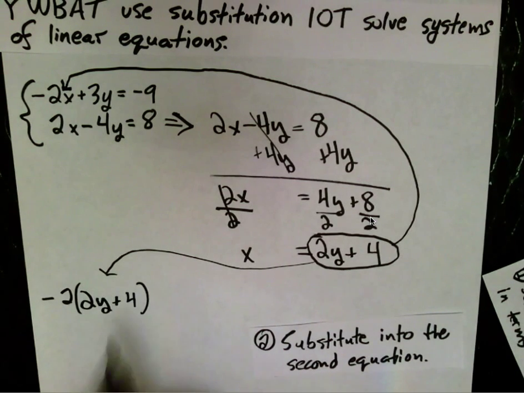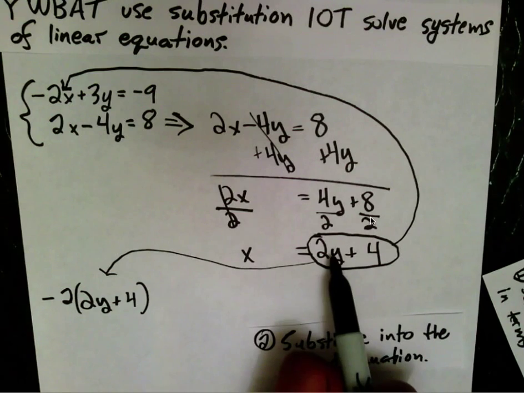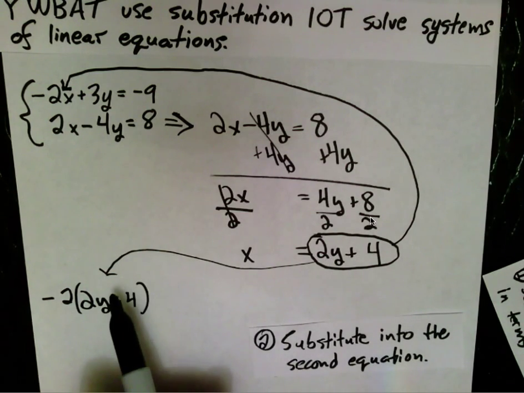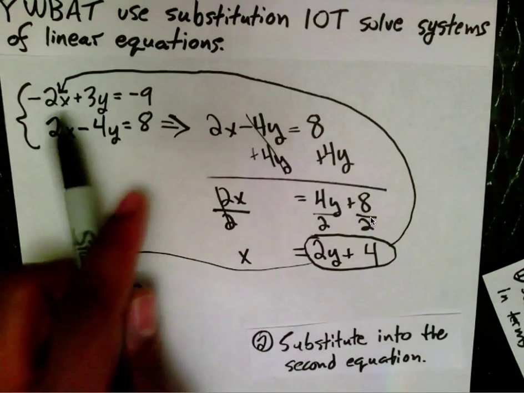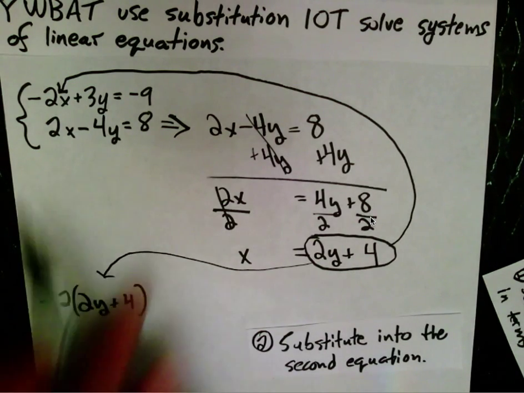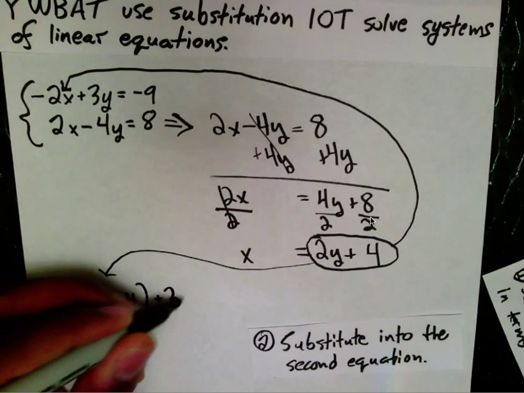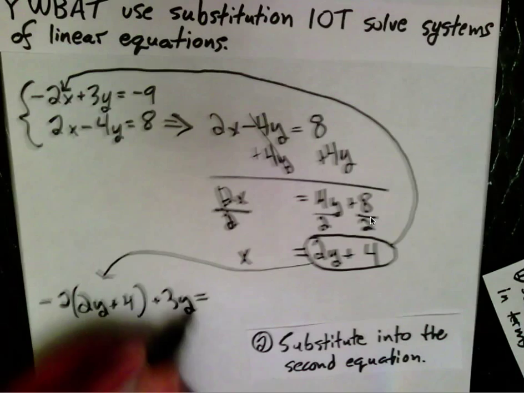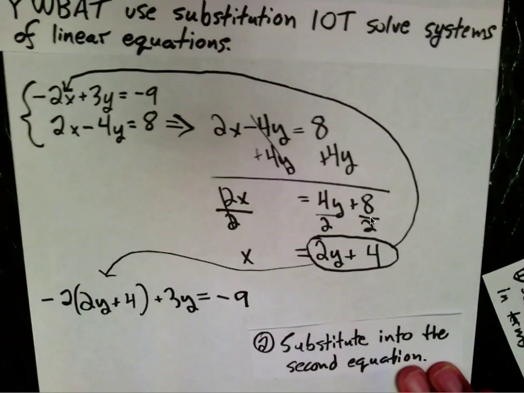There we go, and I just substituted right there. Instead of putting x, I put in 2y plus 4. And that's the main point of substitution. Negative 2 times 2y plus 4, plus 3y equals negative 9. Okay, so far so good.